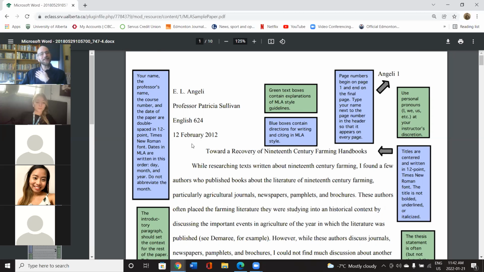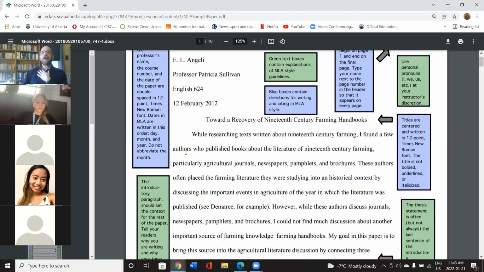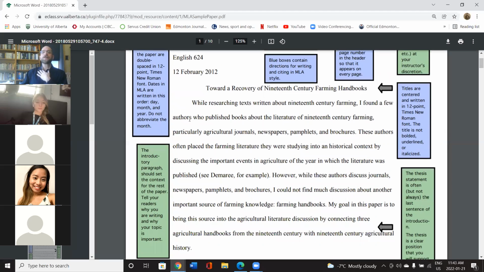Okay, so this is obviously going to be an essay that is going to recover or resuscitate or rediscover these peculiar 19th century books called farming handbooks. Let's have just a quick look at the first paragraph. Okay, so titles are centered and written in 12-point font. Let's just look at the first paragraph and see if it's a successful first paragraph.